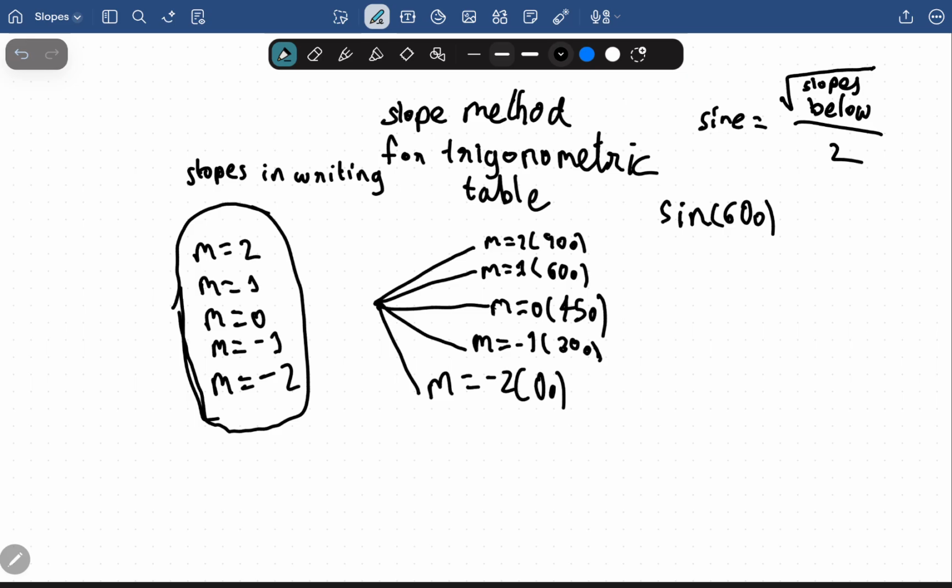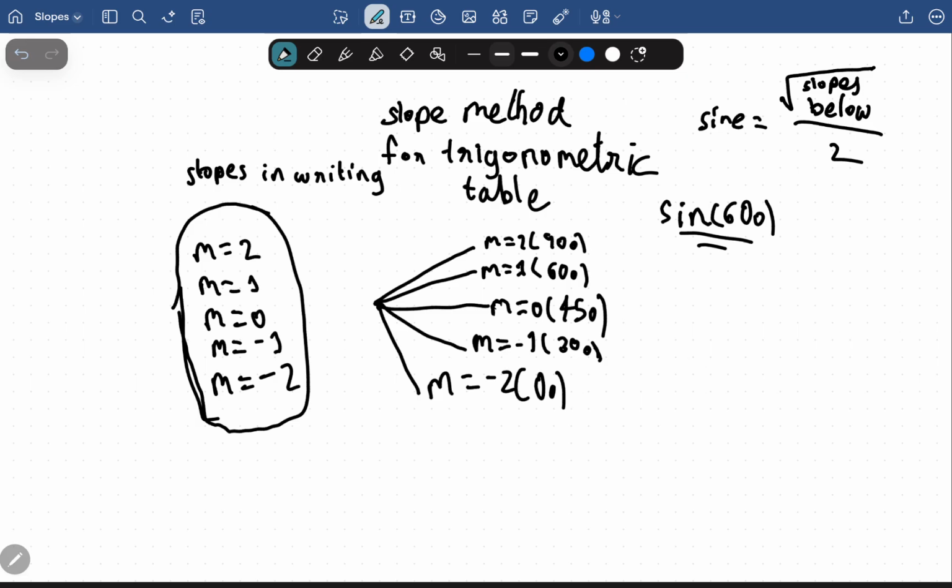So, how do we do this? Sine 60 degrees. First, step 1: find 60 degrees, which is of course m equals 1, and then see what is all under it. So the slopes below: m equals 0 or 45 degrees is 1, m equals negative 1 or 30 degrees is 2, m equals negative 2 or 0 degrees is 3.